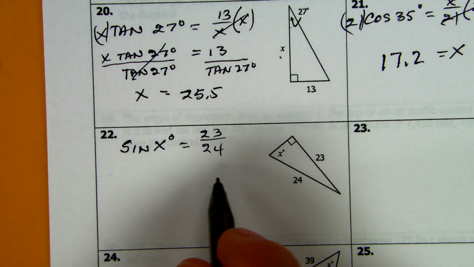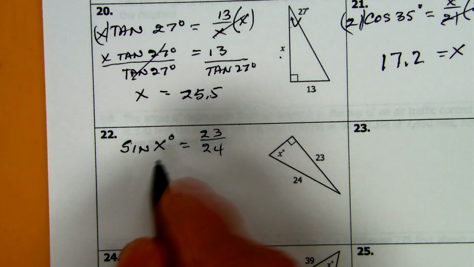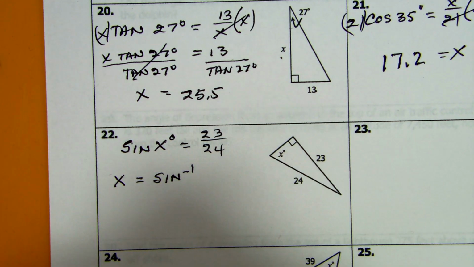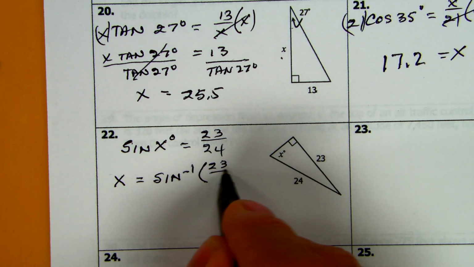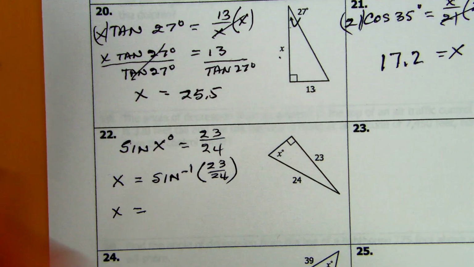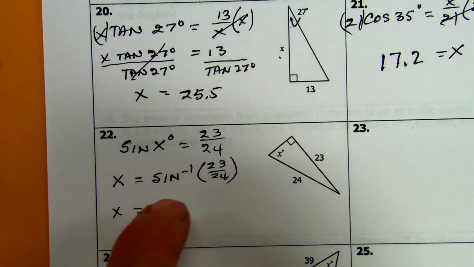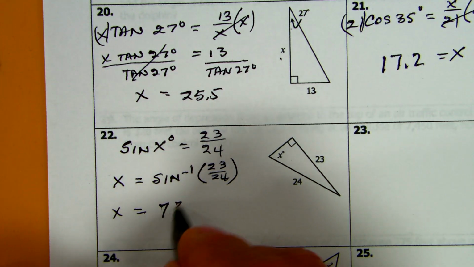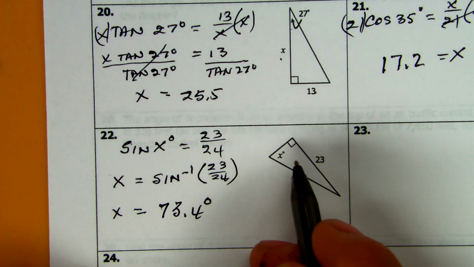Now, once I set this up, then I say x is equal to the inverse sine of this ratio, 23 over 24. So then x is equal to, now I'm going to go to my calculator and I'm going to press second, sine, the second button, and then sine, and then I'm going to put in the fraction 23 divided by 24 and hit enter. And when I do that, I'm going to get 73.4 degrees. That's the measure of this angle.